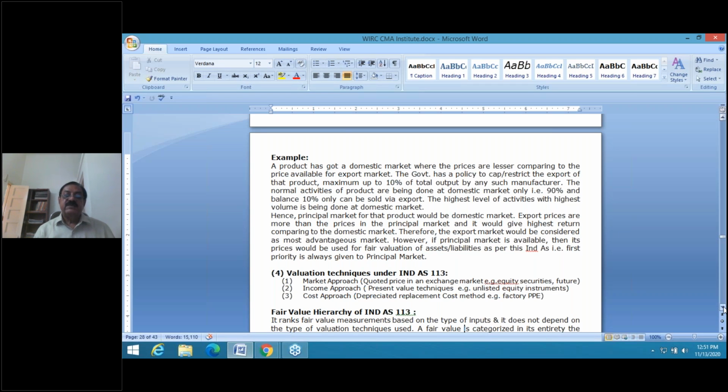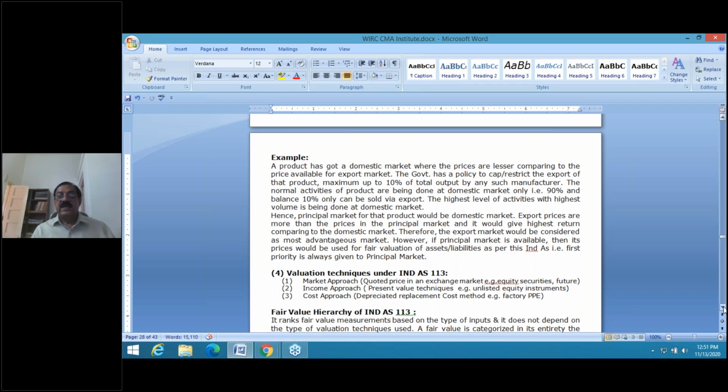The highest level of activities with the highest volume is being done in the domestic market. Hence the principal market for the product will be domestic. So the principal market is one where there is the highest volume and highest level of activity, irrespective of price. But suppose export prices are more than the price in the principal market, and it would give the highest return compared to the domestic market.